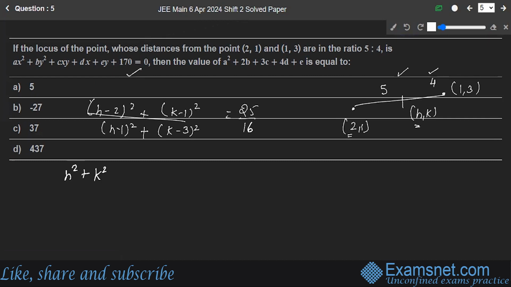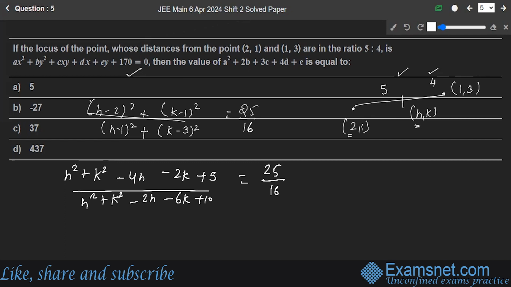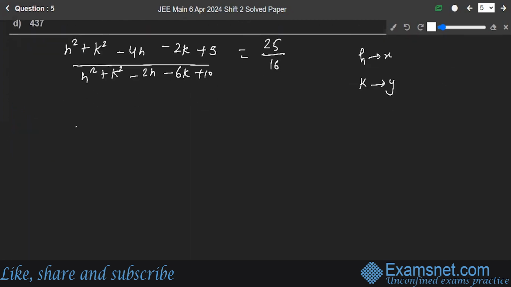You have h square plus k square minus 4h minus 2k plus 5 upon h square plus k square minus 2h minus 6k plus 10 is equal to this. Now replacing your h by x and k by y, what will this equation be equal to? This will be x square plus y square minus 4x minus 2y plus 5.